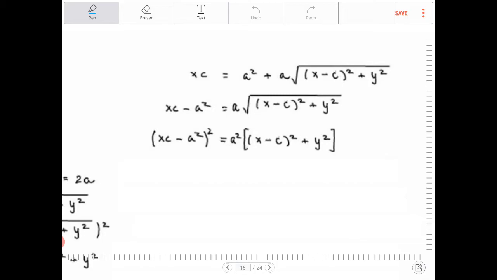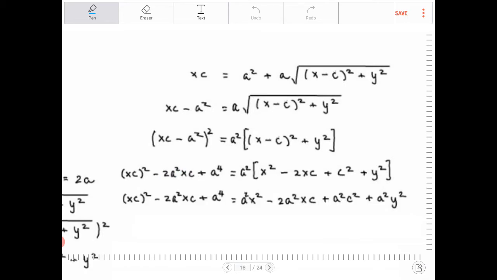I will now FOIL out the left-hand side and the right-hand side. I'm going to distribute the a squared because if I do that, I can see that I can get rid of that term there. And indeed I do. Those two terms are identical, so I can eliminate them.